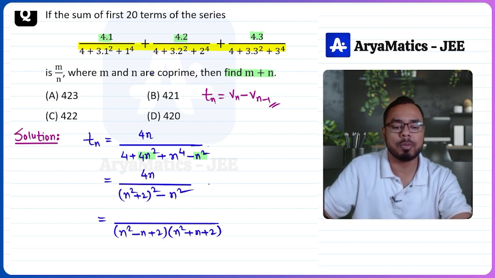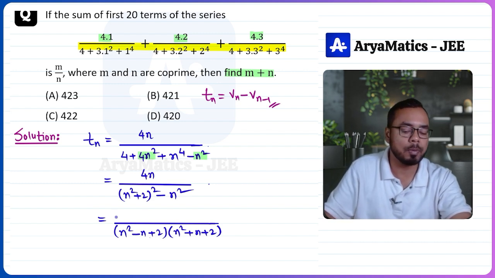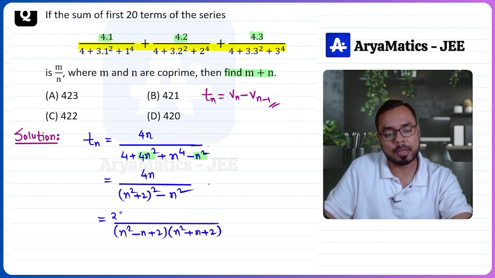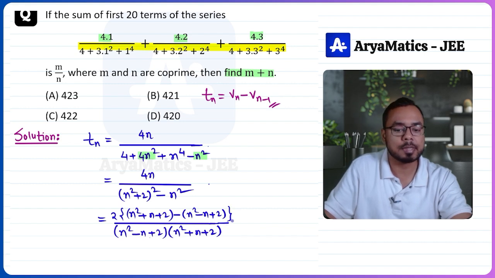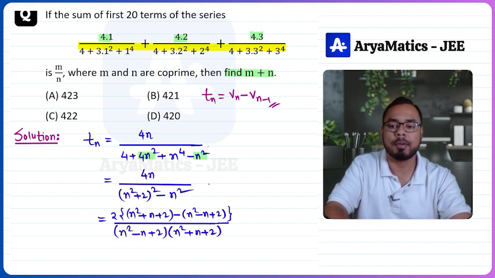So the 4n in the numerator you can write as 2 into 2n, and this 2n you will write as n square plus n plus 2 minus n square minus n plus 2. Why? Because our aim is to write this as the difference of two consecutive terms.